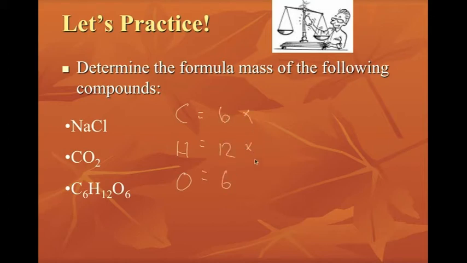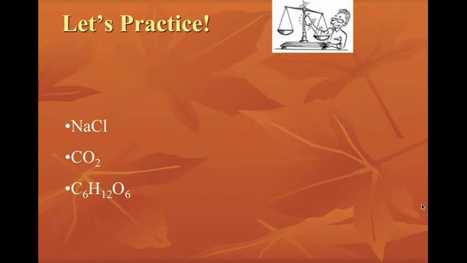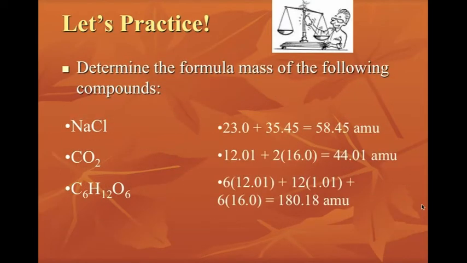We multiply those by their atomic masses on the periodic table, and that gives us 72.06, 12.12, and 96.00, which will give us a total of 180.18. And remember, that's AMUs. Now, it's written all nice and neat so you can see all that work written out in front of you. If you need to, just pause it right there and write everything down.